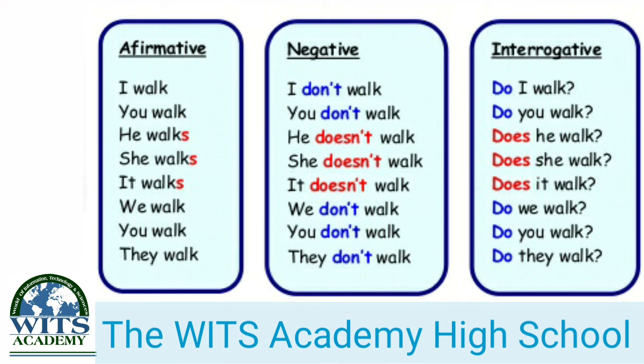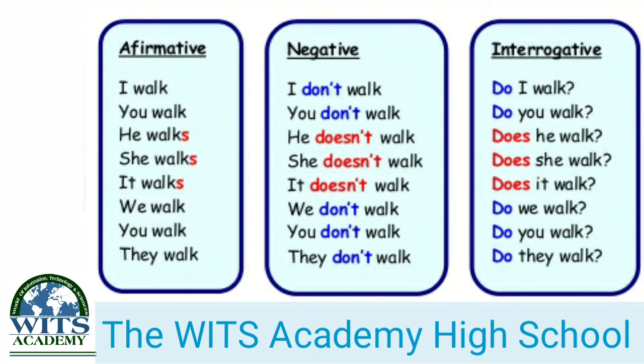Okay, and the negative will be he doesn't walk. Doesn't is the contraction of does not. You can also use does not in place of doesn't. Okay, and look, after using doesn't or does not, we have removed the addition from the verb walk. Okay, the interrogative is does he walk?